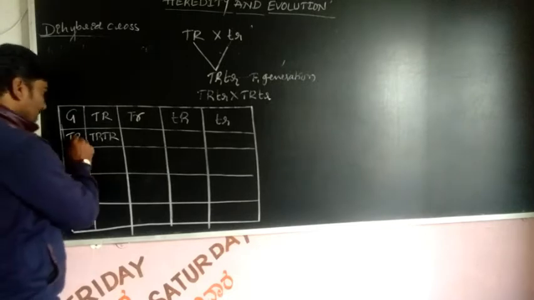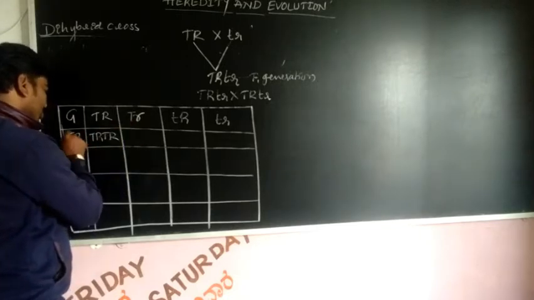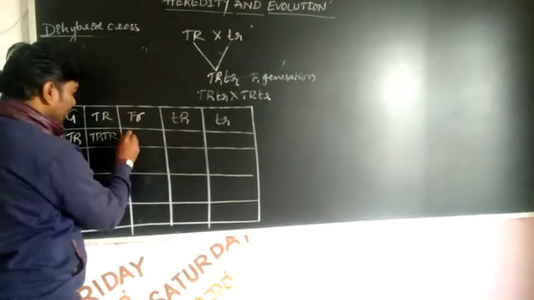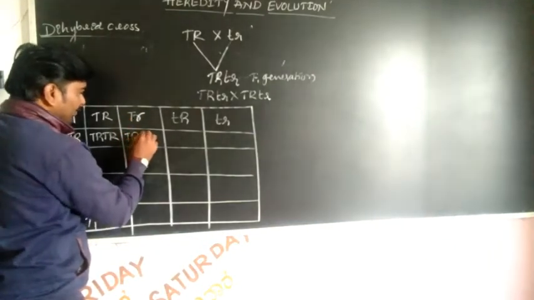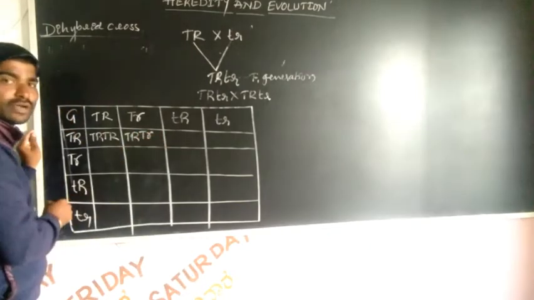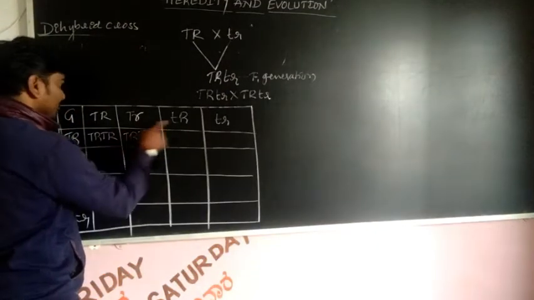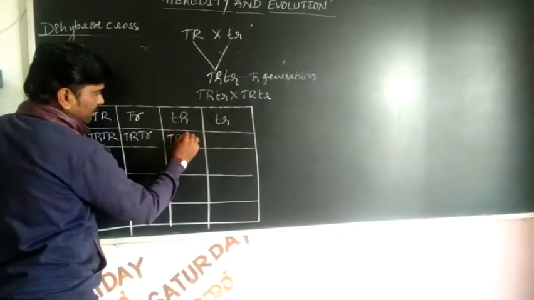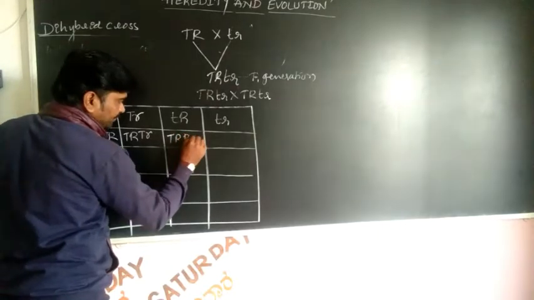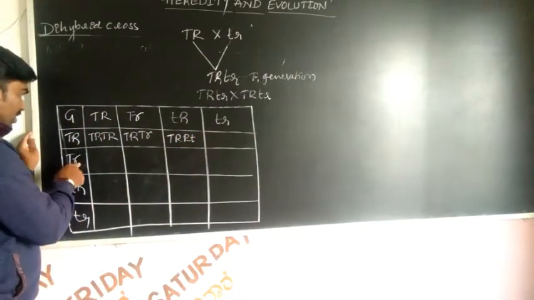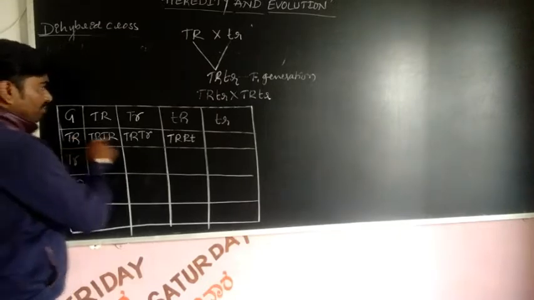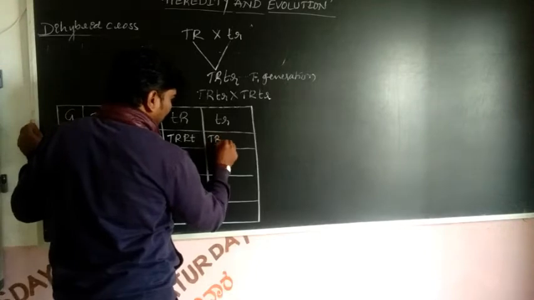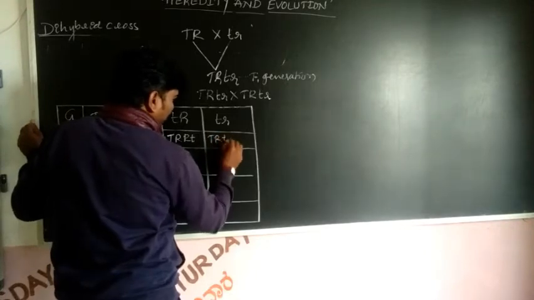The crossing between a red flower with a tall plant and a white flower with a tall plant, we can get a tall plant with red flower. And the crossing between a red flower with a tall plant and a white flower with a dwarf plant, we can get the same result, a red flower with a tall plant.